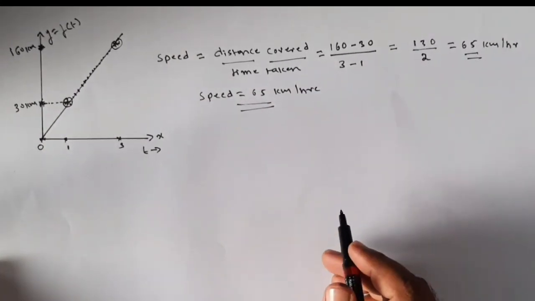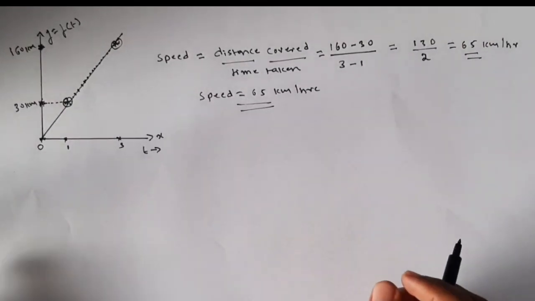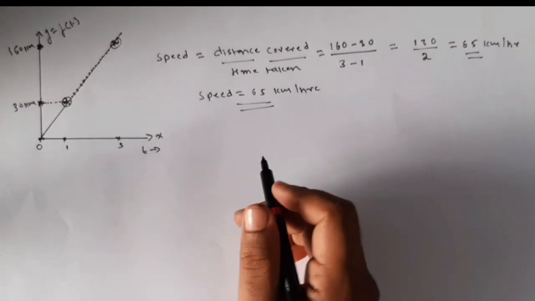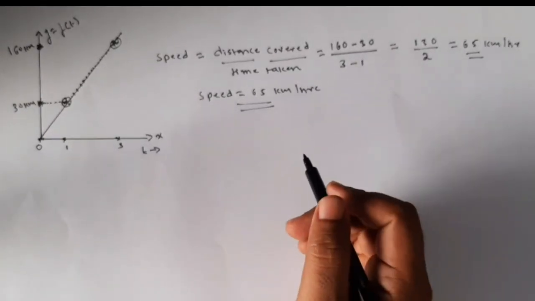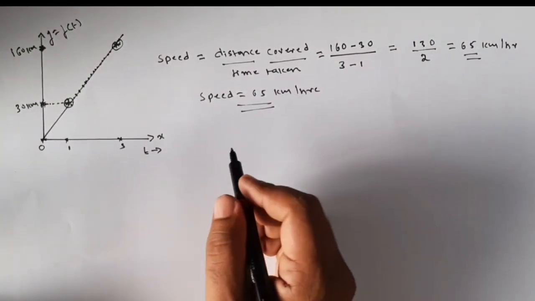Now we know that differentiation is nothing but the rate of change of one quantity with respect to another quantity, or we can say that differentiation is nothing but finding the slope.